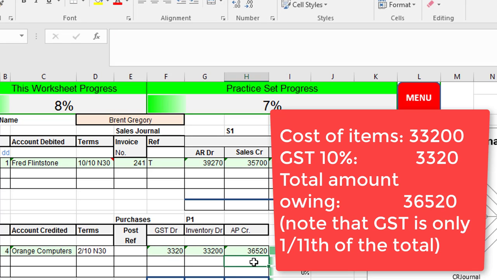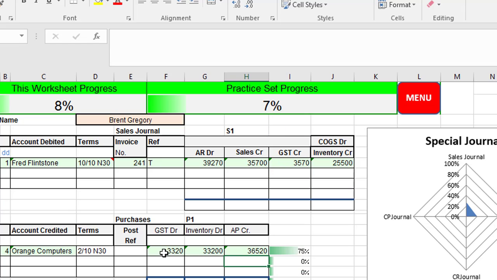And why? Because Orange Computers are obliged to collect GST of $3,320 from us.